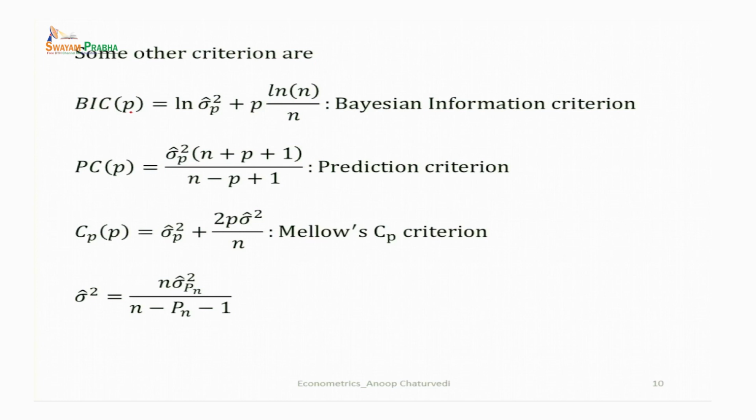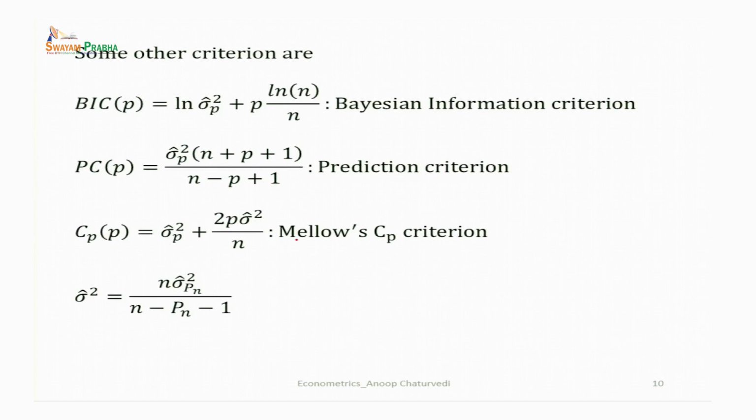Then apart from AIC, we may consider some other criteria also. Say you may consider BIC, which is defined here, the Bayesian information criterion, or you may use the prediction criterion, which is equal to sigma hat square(p) times (n + p + 1)/(n - p + 1).